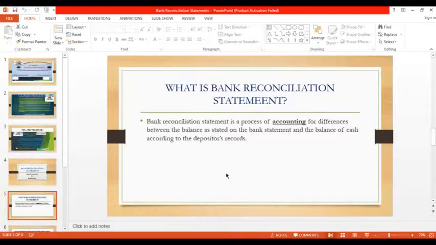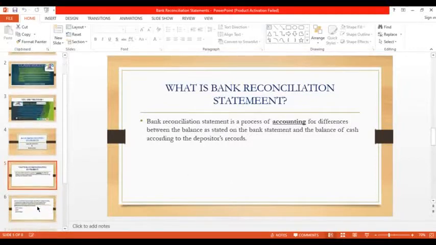What we're saying here is that the balance you have in the bank statement, does it agree with what the accountant in the company is keeping on his own cash book? If there is a difference between the two figures, that's why there's need for reconciliation. Reconciliation means agreeing the two figures to be the same thing.